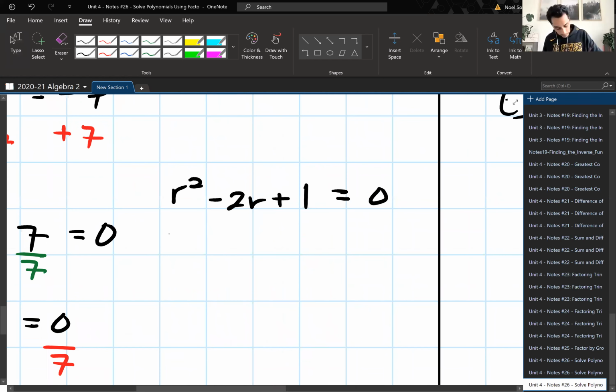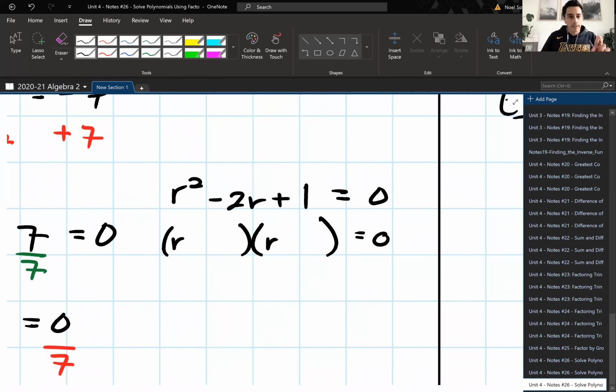All right, so let's factor. Simple one here. In order to get r squared, that's just r times r. I need the product of two numbers to multiply to be 1 and add up to be -2. What could those factors be?